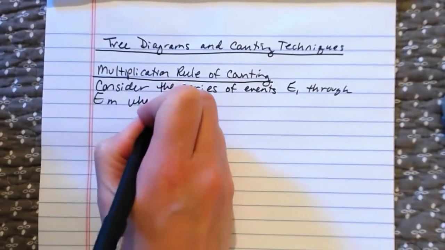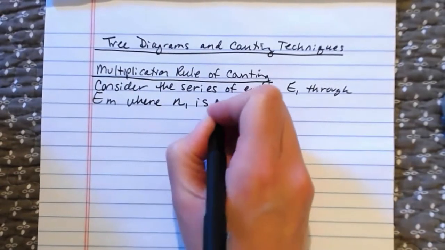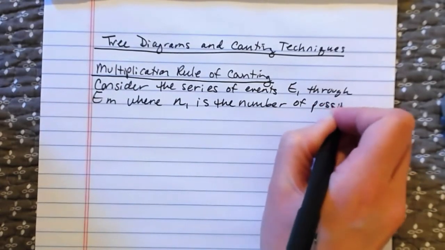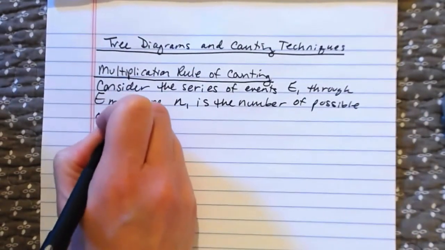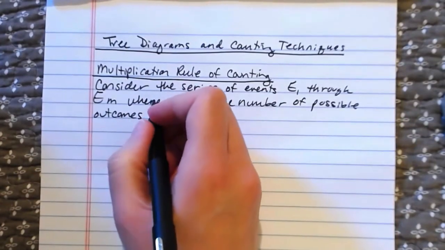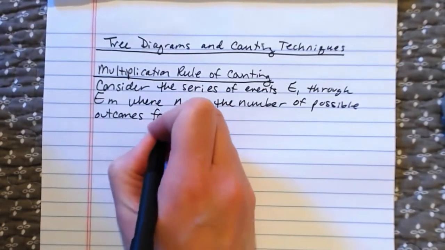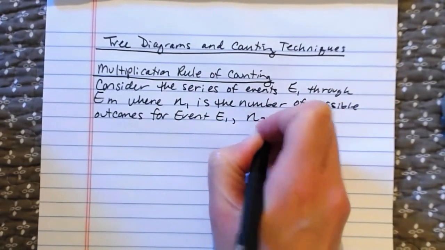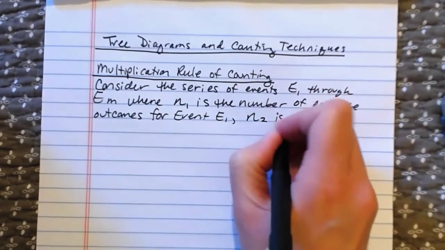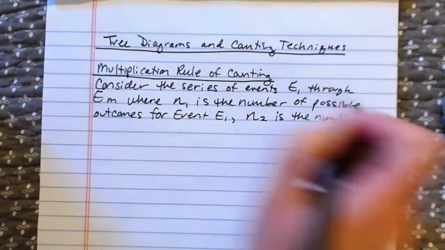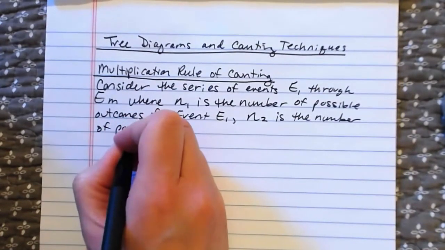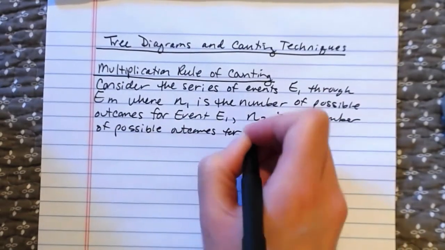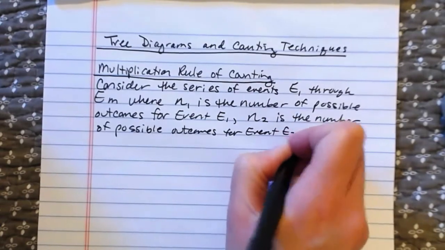And then where n sub 1 is the number of possible outcomes for event E sub 1, n sub 2 is the number of possible outcomes for event E sub 2, and so on.